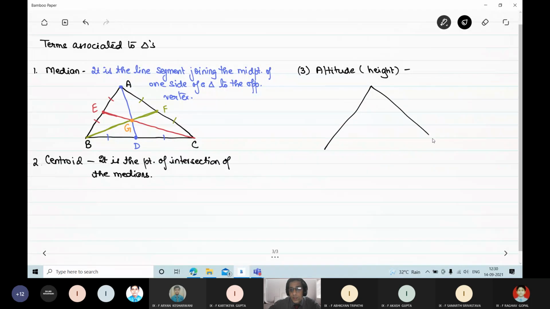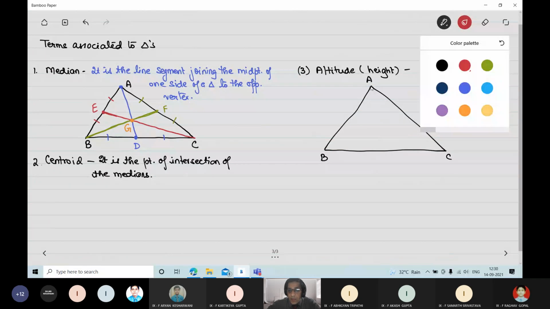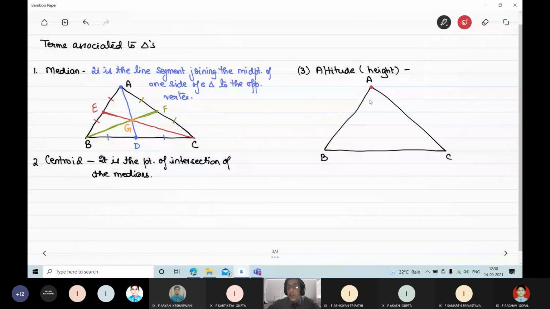Let's say this is A, this is B, and this is C. So from A, if you drop a perpendicular to the opposite side, this AD is called the altitude of the triangle ABC.